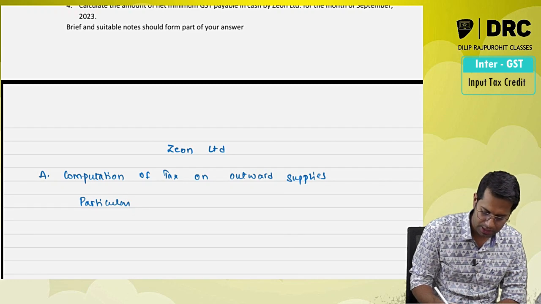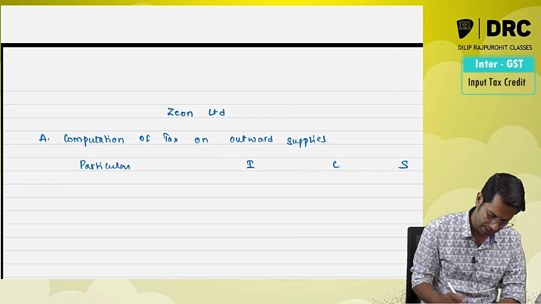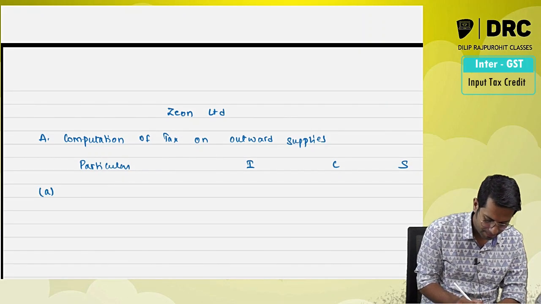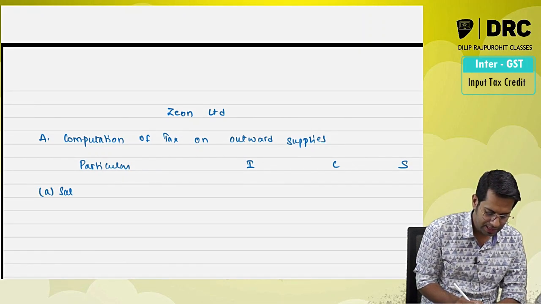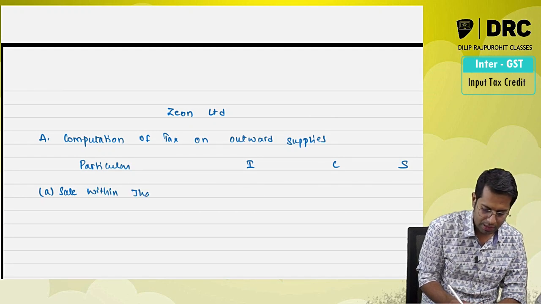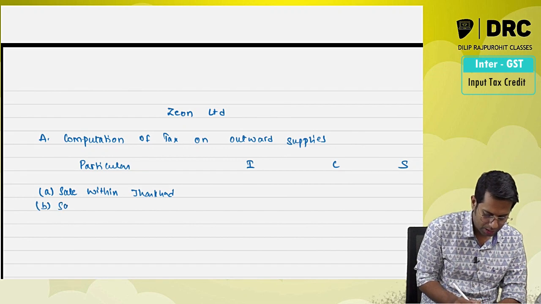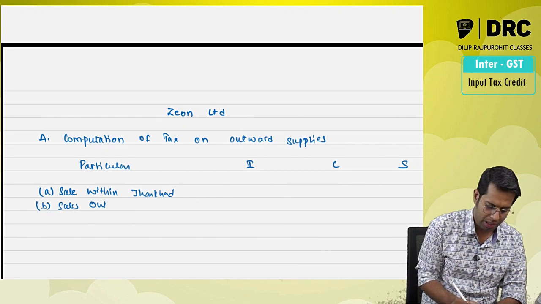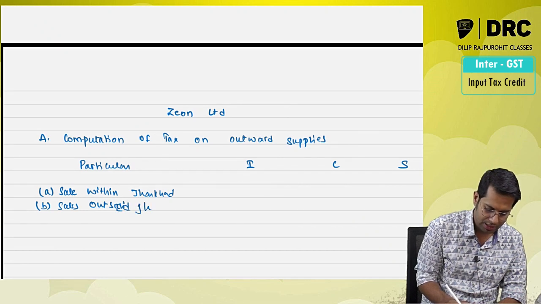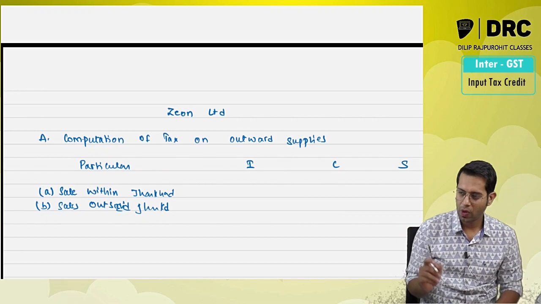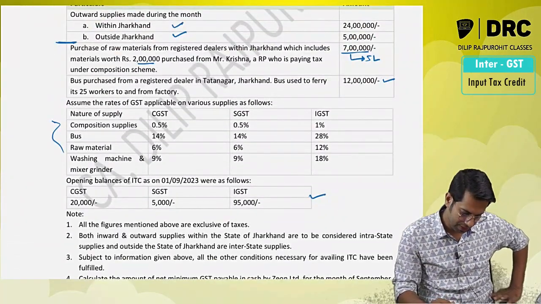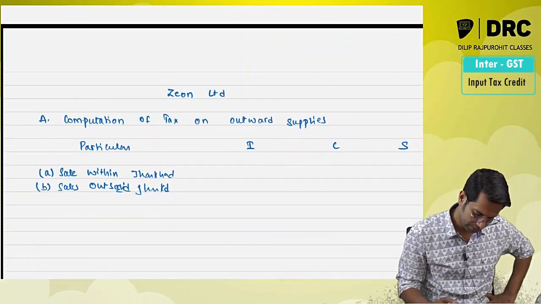Particulars: IGST, CGST and SGST. Sales within Jharkhand, sales outside Jharkhand. You write properly in examination. I'm just scribbling now. You don't have to do that.